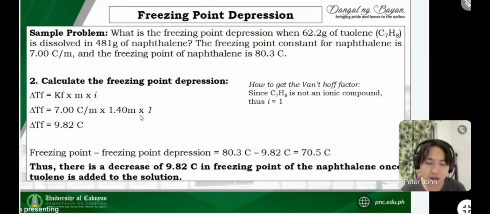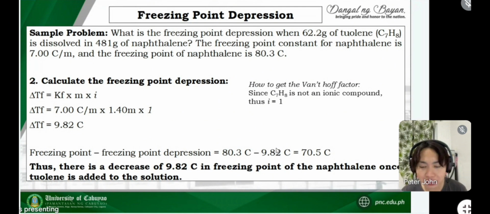And after that, we can get already the freezing point depression of naphthalene, which is 9.82 degrees Celsius. So, ito na siya. Ibig sabihin, ang gagawin natin is i-minus lang natin siya into the original freezing point of the naphthalene, which from the given problem is 80.3 degrees Celsius minus 9.82.